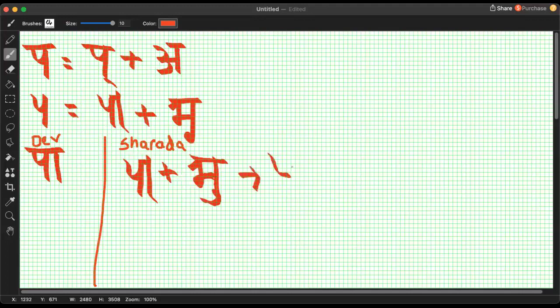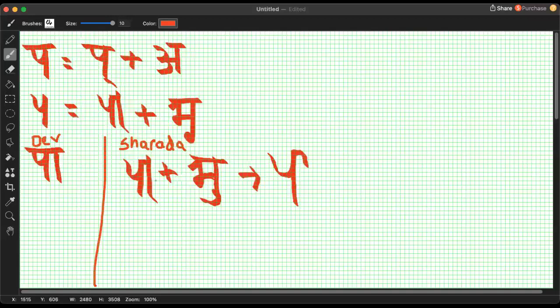You will first write pa, and on the right side, draw a small horizontal line, very small, and from that, another small vertical line extended just below, and then you stop it. So this is pā. The actual matra for pā is just a small line.